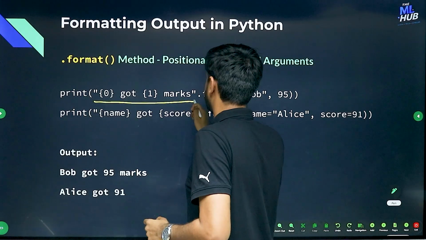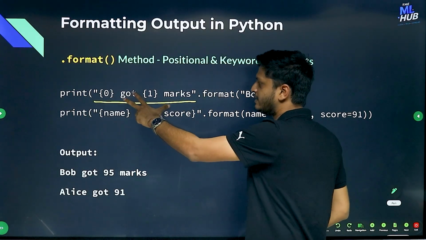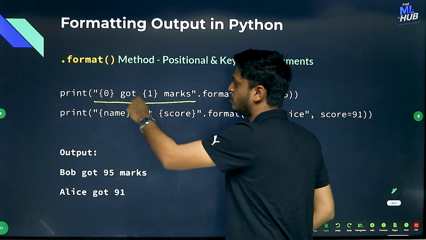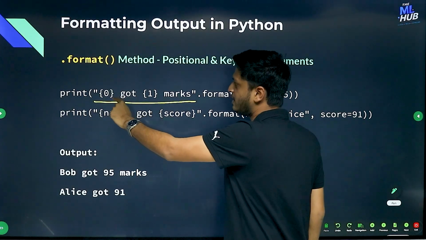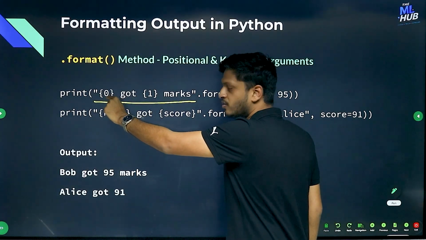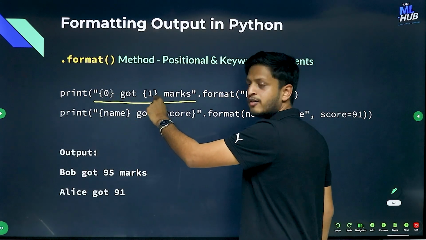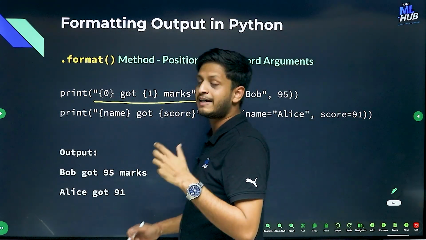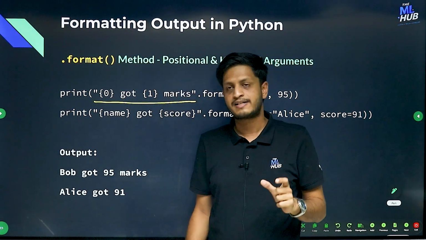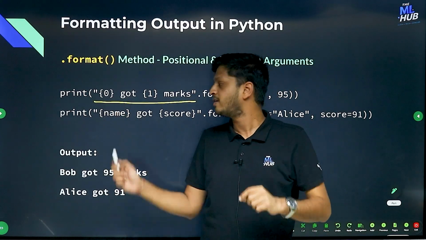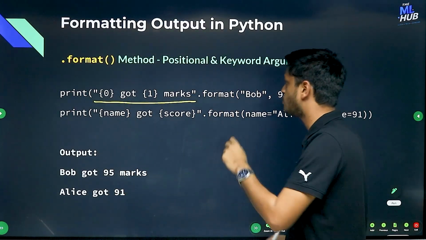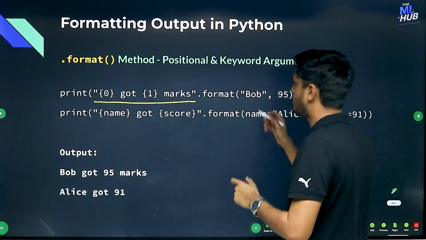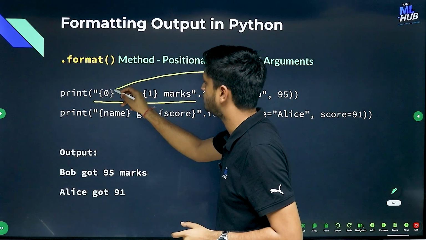We want to print this particular string, but it has a few curly brackets. Inside them we have said that the first argument should go here and the second argument should go here. Because Python is zero-indexed, 0 means the first argument and 1 means the second argument. So whatever you pass as the first argument will go at position number 0.